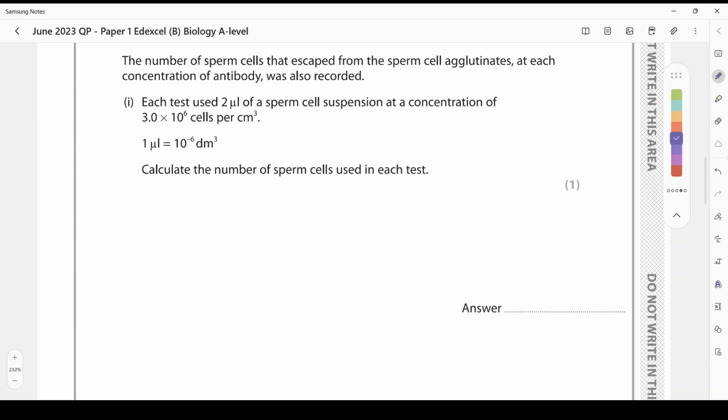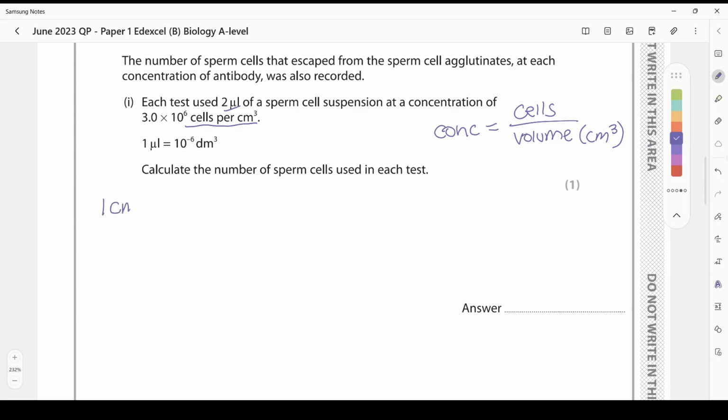All right, part 1. Each test used 2 microliters of the sperm cell suspension at a concentration of 3 × 10⁶ cells per cm³. According to these units, the concentration is the number of cells divided by the volume in cm³. Because we're given microliters, we first want to convert that to cm³.